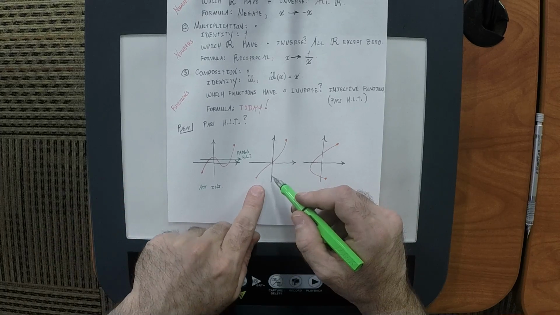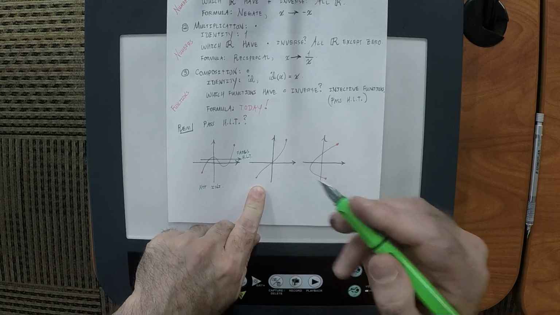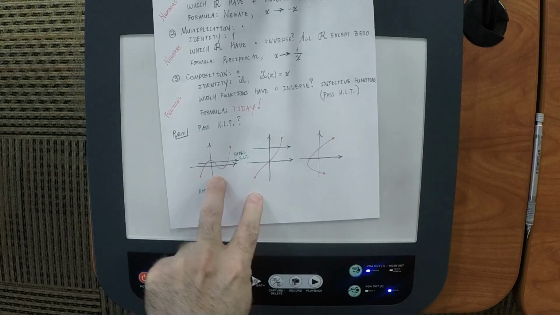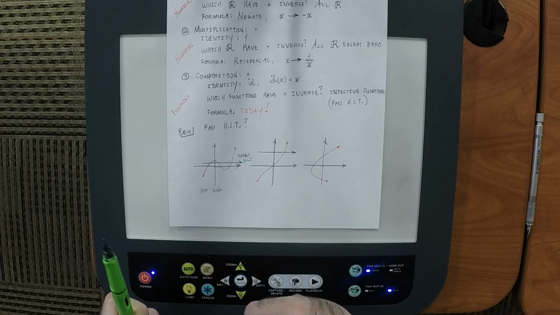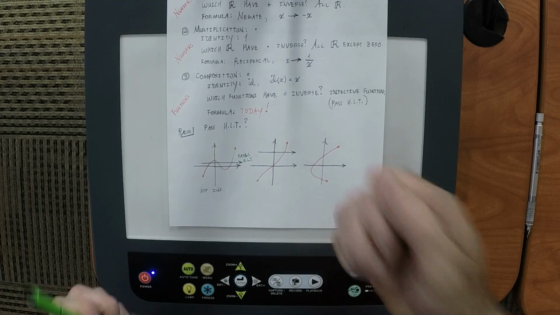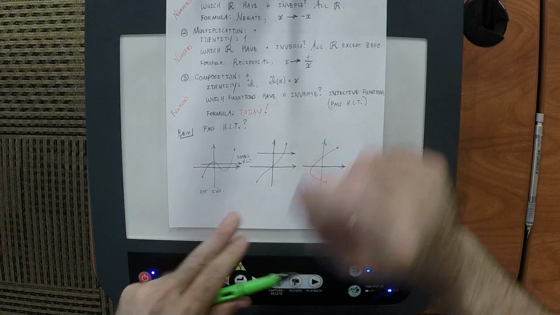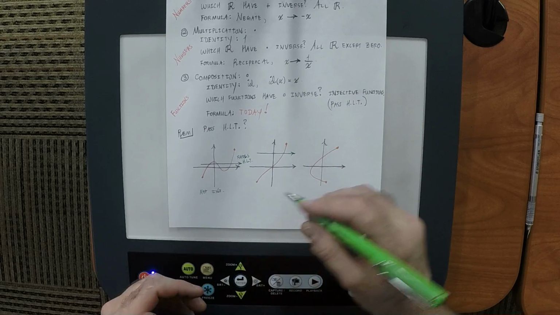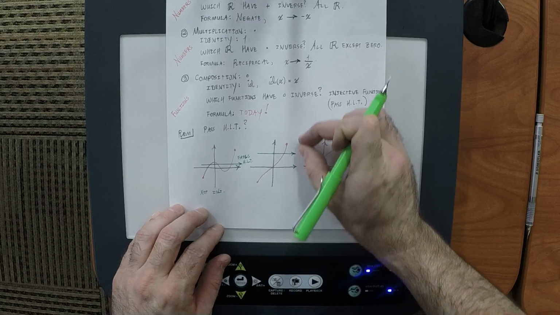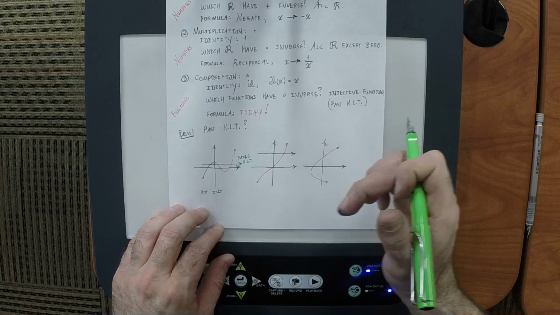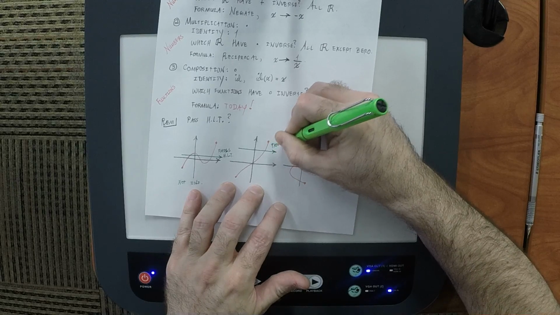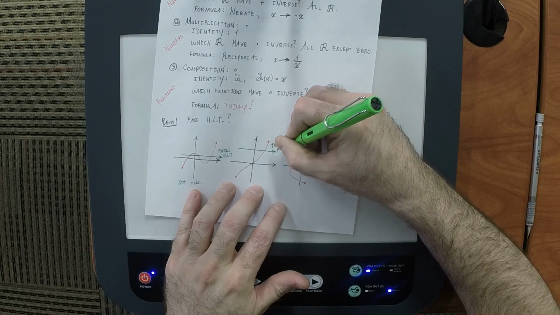How about this one? Does this one pass? It does pass. Okay, because again, the horizontal line test says that the plot of a function represents an injective function when every horizontal line crosses 0 or 1 times. So you can see that in your mind's eye. There's always going to be 0 or 1. So this passes the horizontal line test.